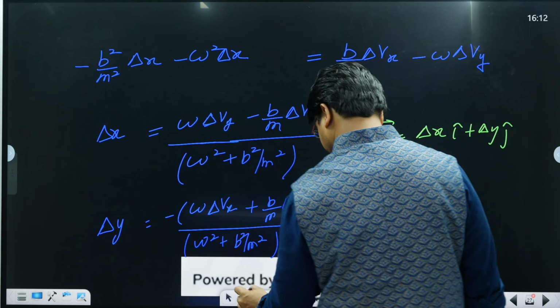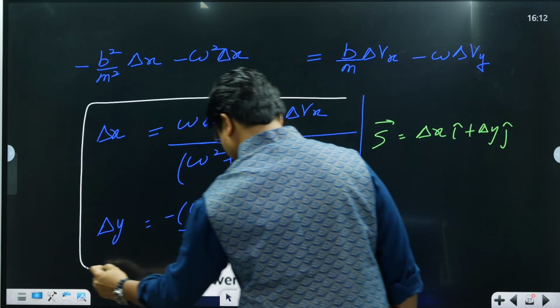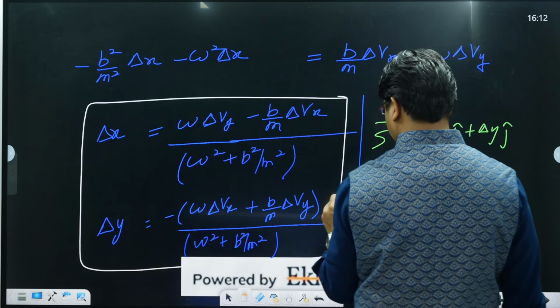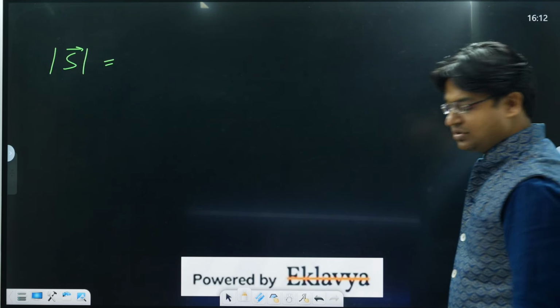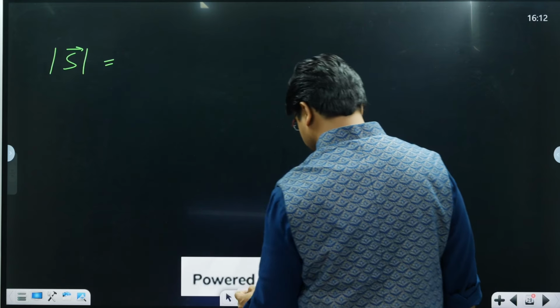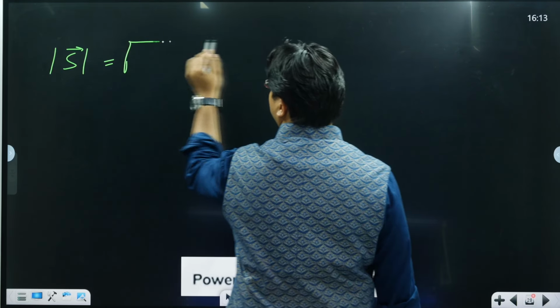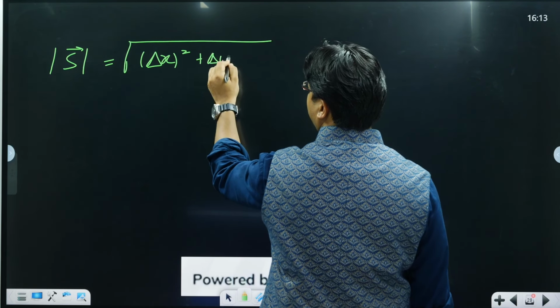So this is R5, and now we are trying to get R6. So mod of S would be root of delta x square plus delta y square.